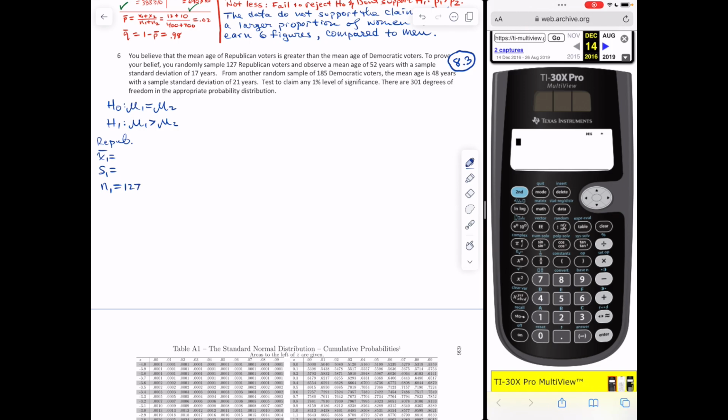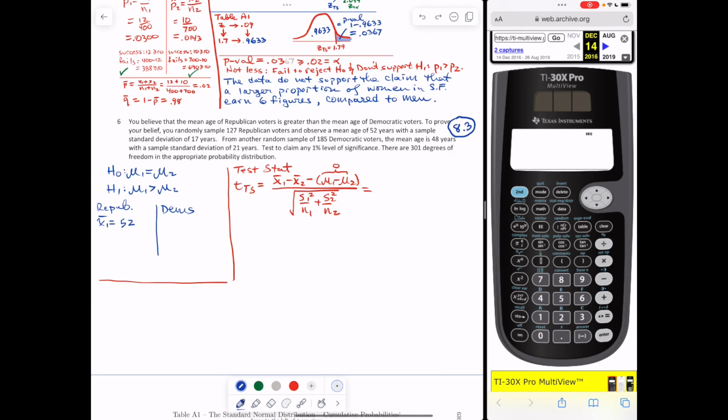The mean is 52. It says the sample standard deviation for the Republicans was 17. And the sample size is 127. Okay, that's bigger than 30, so I'll go ahead and denote that here.